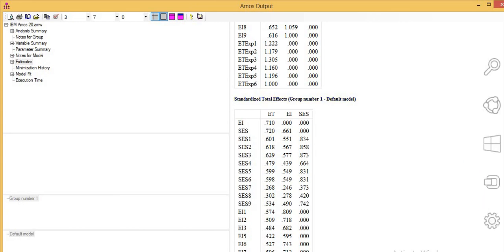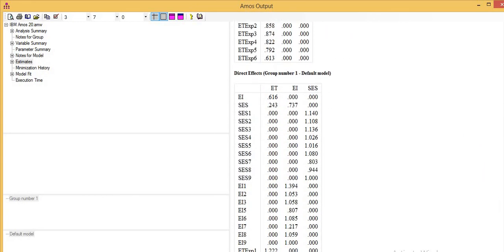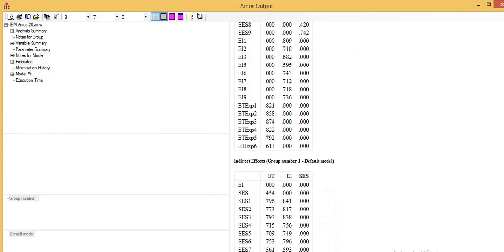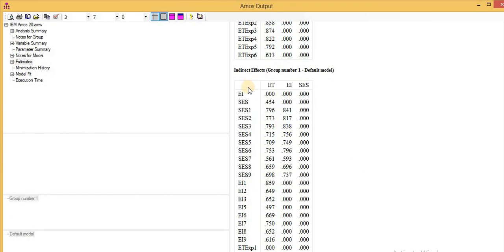So at the end you can see that there is an indirect effect. So the indirect effect of entrepreneur trust on socio-economic success is also found significant through the mediating role of entrepreneur intentions.